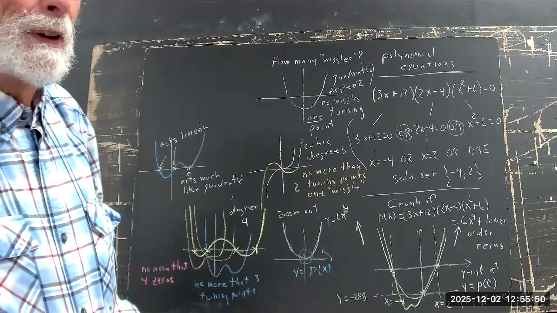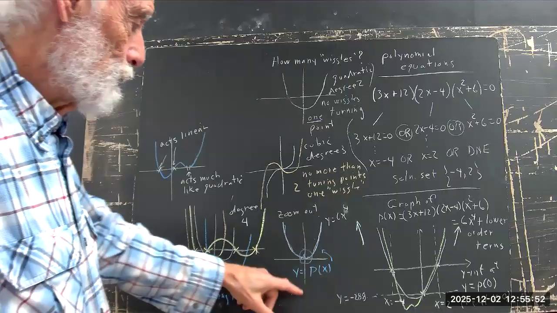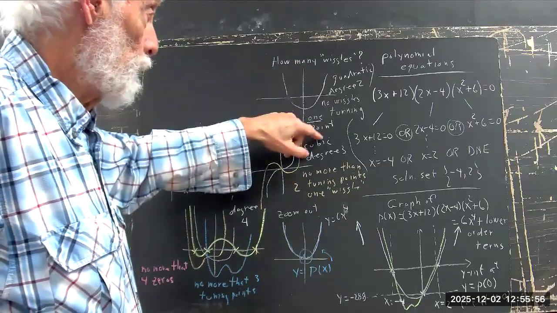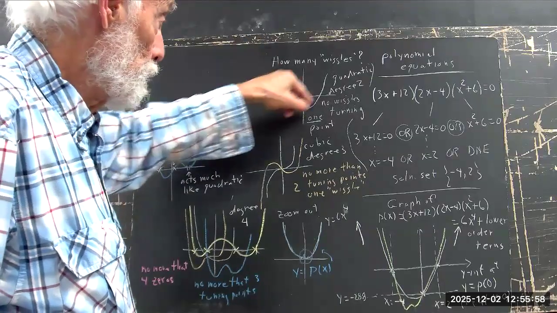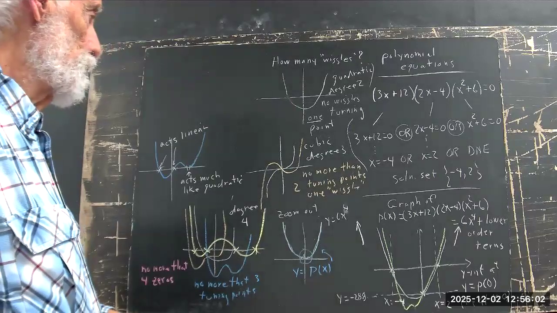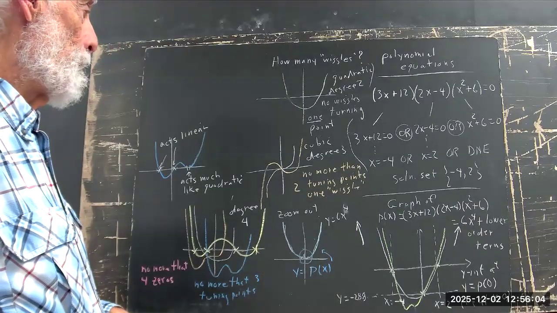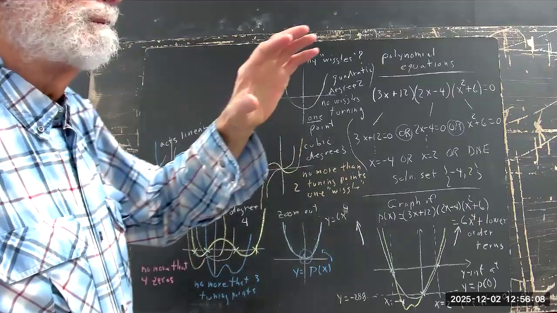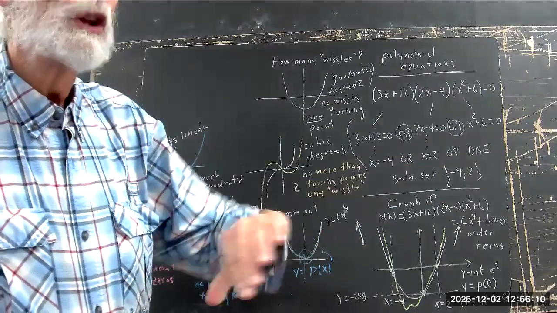I call them wiggles because then I can say what I said down here. We'll see what I mean. Okay. It's got one turning point. That's the main characteristic. It turns here and that's it. A cubic polynomial has degree 3. Okay. It's a transformed cubic function.